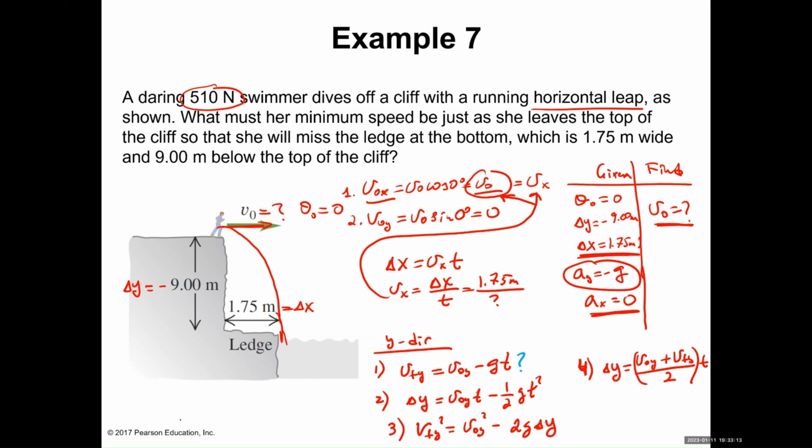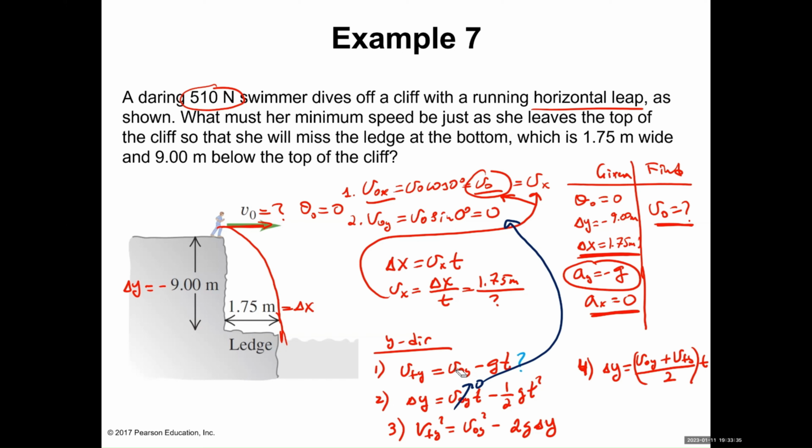Okay. Give me why equation 1 doesn't help me here. Because we don't know initial velocity nor final velocity. Well, remember, initial is 0. We just said that right there. We technically have that. Oh, final velocity, sorry, I had the wrong equation.